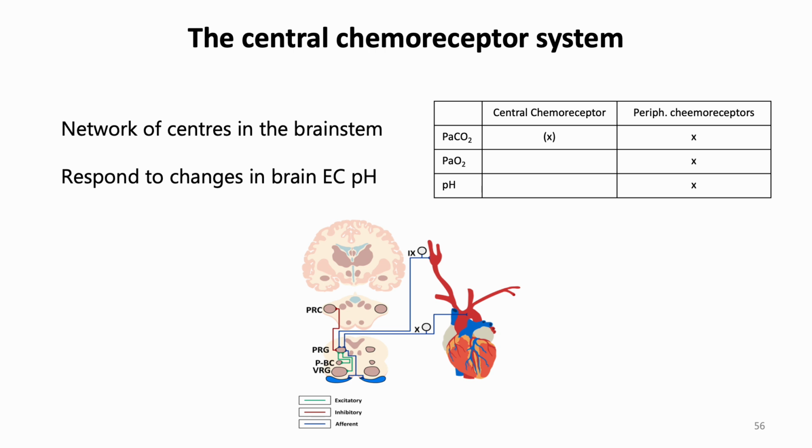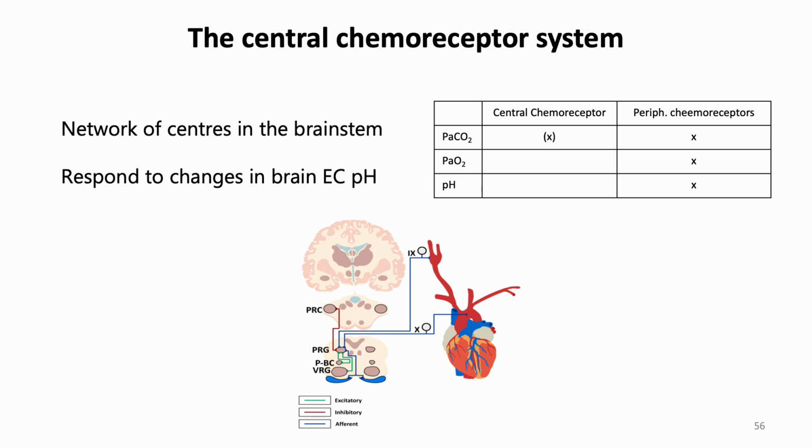This system is not as quick as the peripheral chemoreceptor system. It actually takes a few minutes for it to change ventilation upon an acute change in arterial CO2.